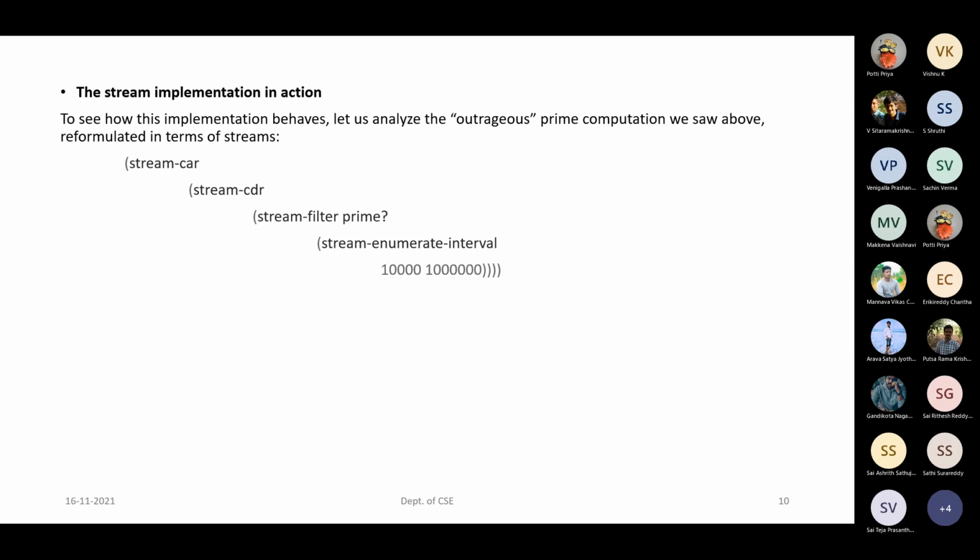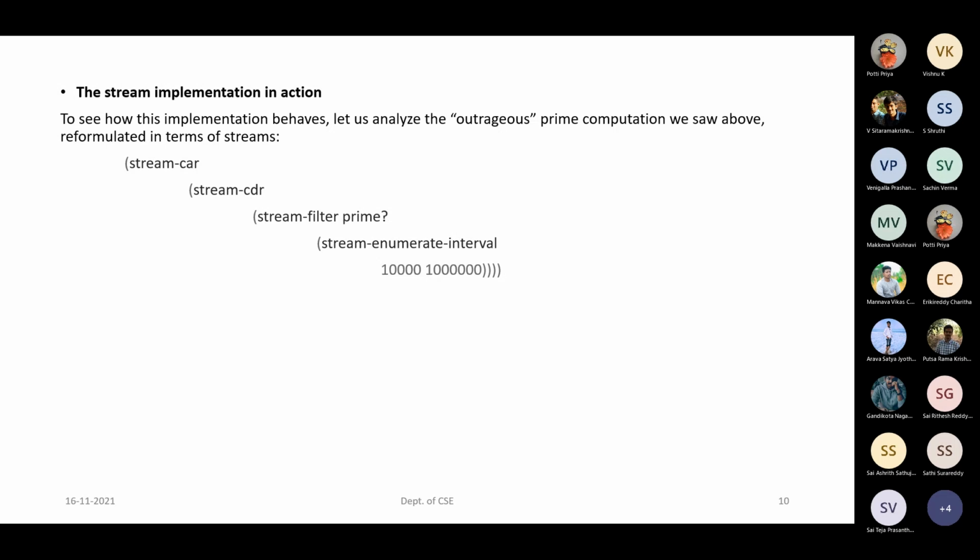In the previous way of defining it, it generates all the values from 10,000 to 10 lakhs, then applies the filter procedure to filter out all the prime numbers, then applies CDR, so the first element is removed and you get all the remaining elements. After that, you apply the car procedure so that you pick only the second prime number.